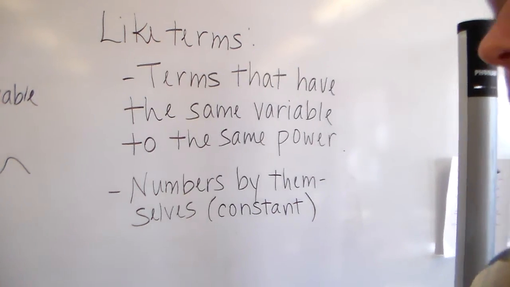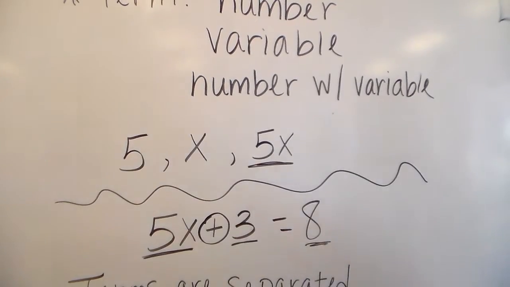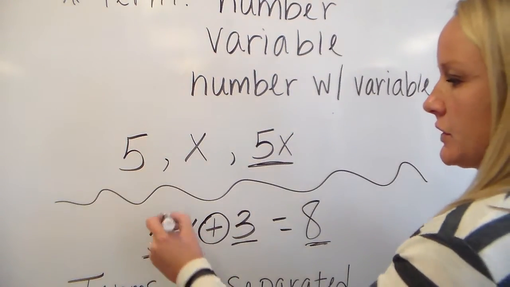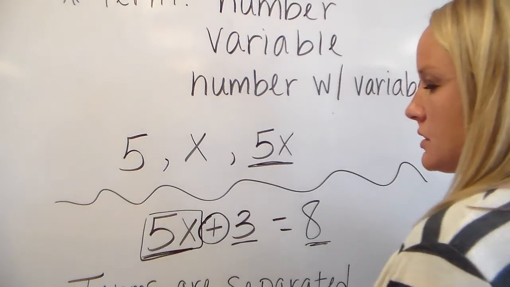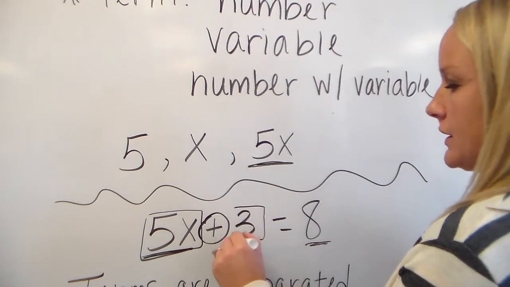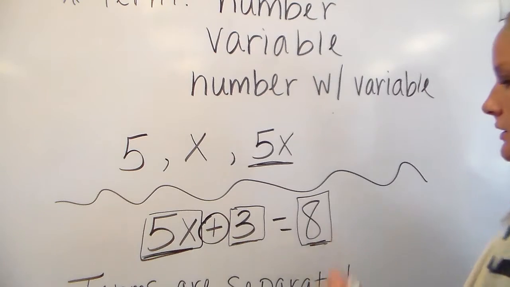So if I go back to what I already did, here is a term that has a variable in it. So this is one term. And this would be a constant term because it's a number all by itself. And even on this side, we can consider this a constant term.